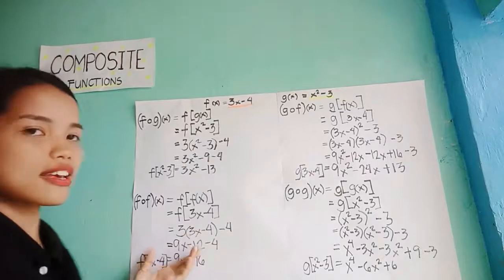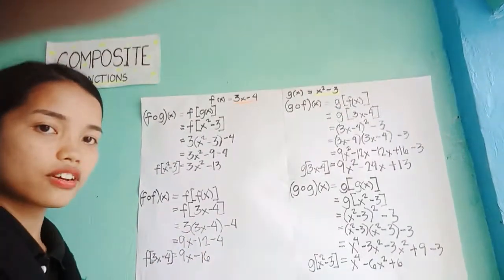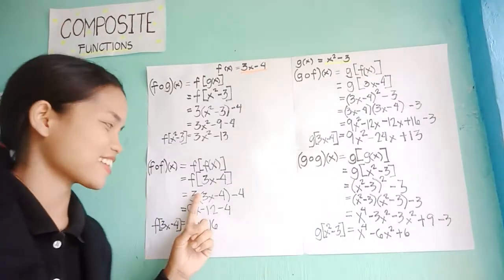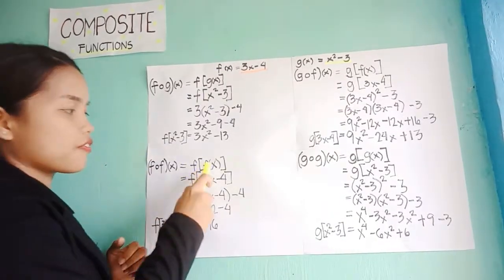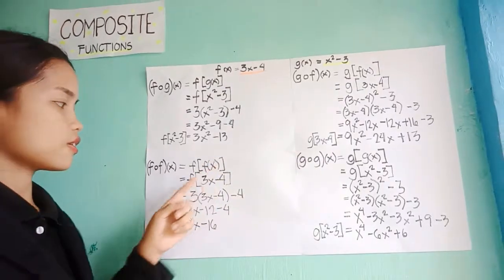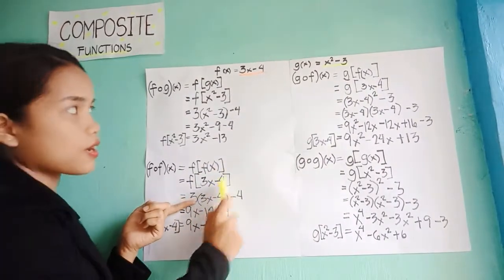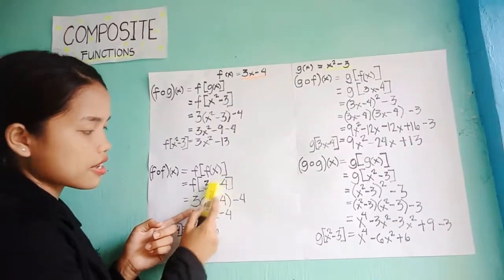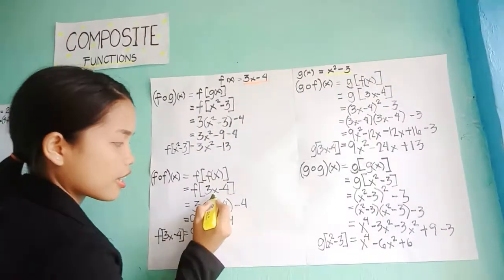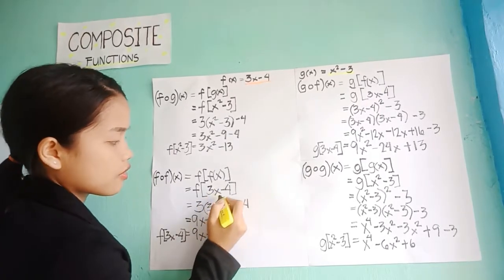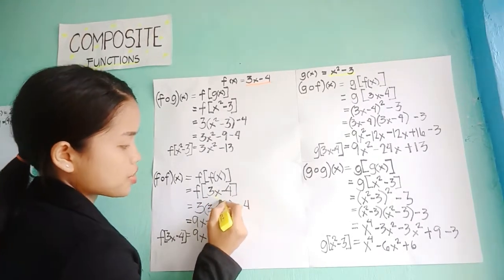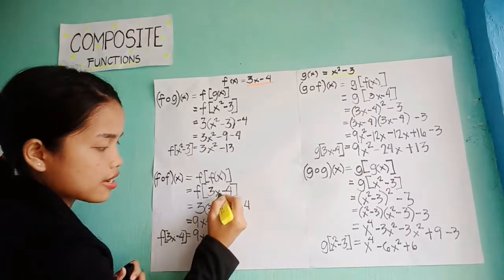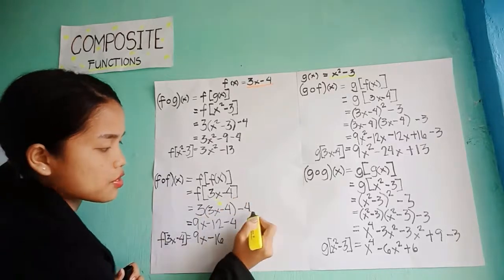Next is f composed of f of x. The value of f of x is 3x minus 4 here, and we replace the x here with the value of x, which is 3x minus 4. So 3 times 3x minus 4, and then minus 4.